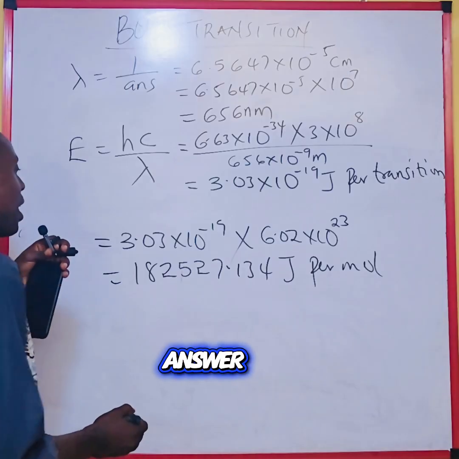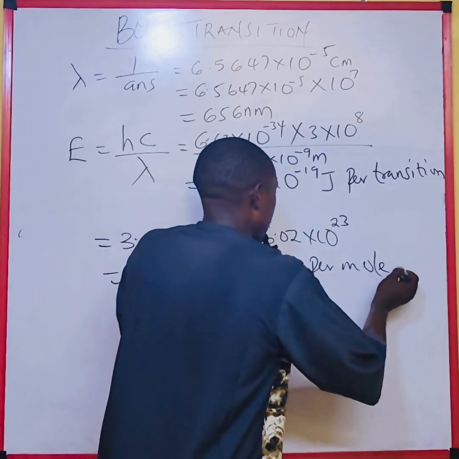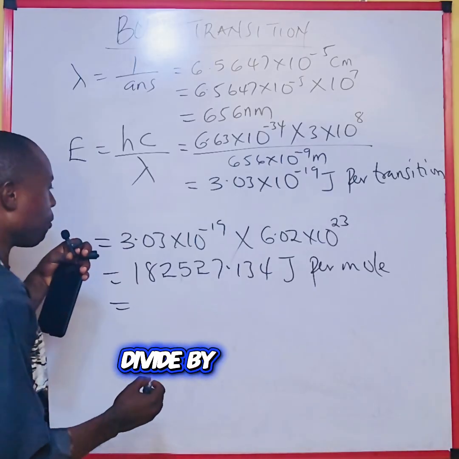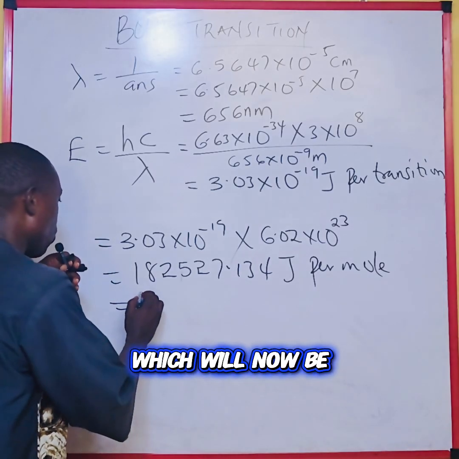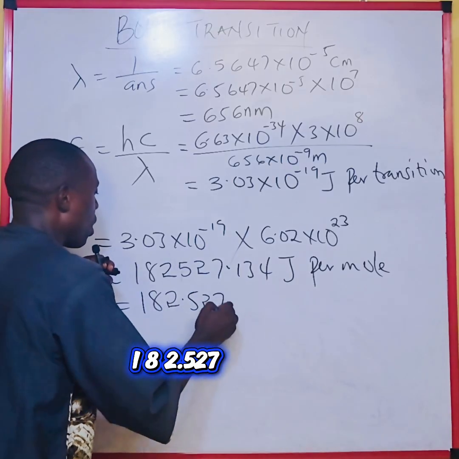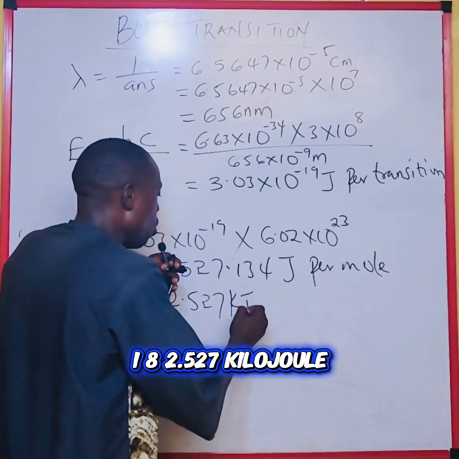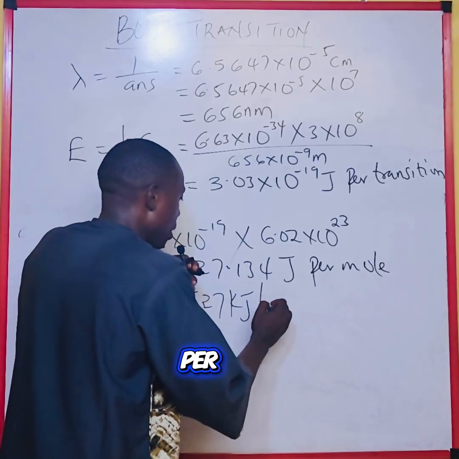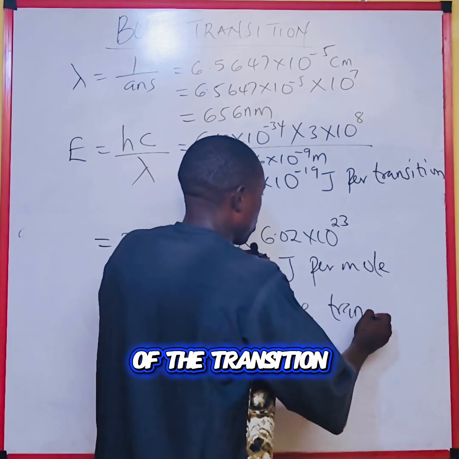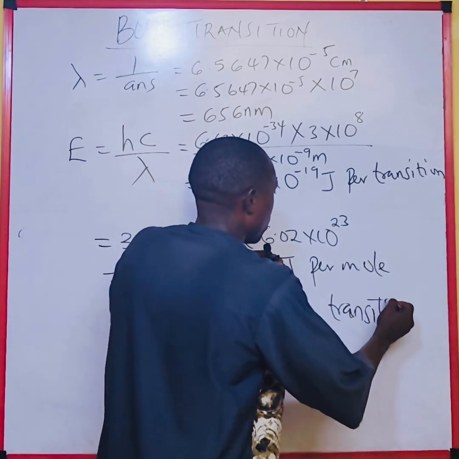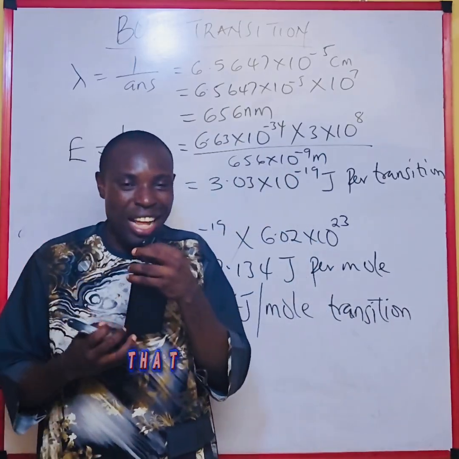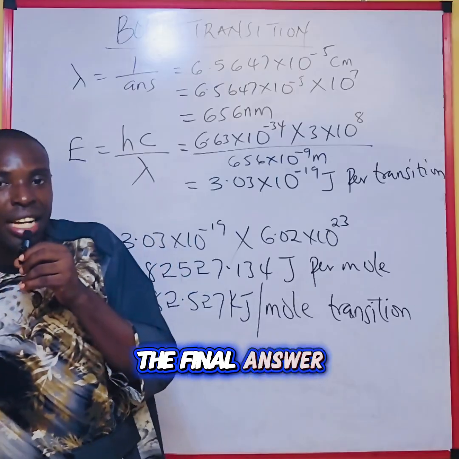Now to get my answer in kilojoule, I divide by 1000, which will now be 182.527 kilojoule per mole of the transition. That is simply the final answer.